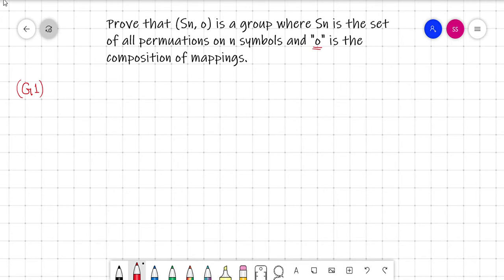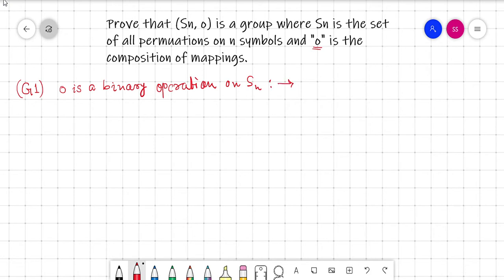Binary operation means Sn is closed with respect to this operation, composition. So the first property is: composition is a binary operation on Sn.